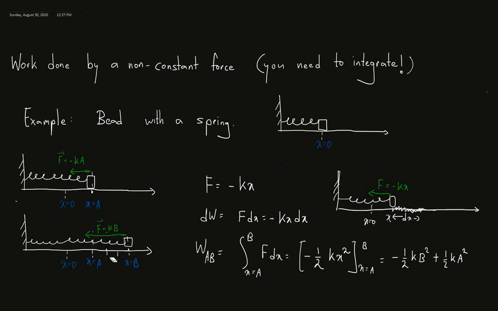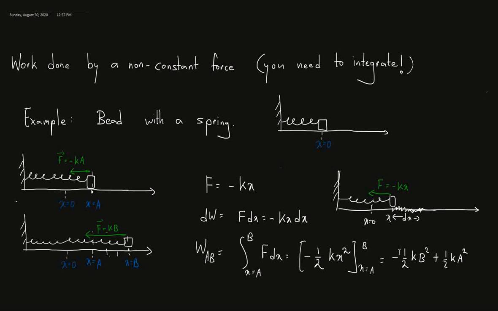So just integrate this expression kx dx, keeping that minus sign in account, from x equal to A to x equal to B, and this integration gives you minus half kx squared. Evaluate at x equal to B, the final point, and at x equal to A, and finally you get the work done W_AB equal to minus half kB squared plus half kA squared.